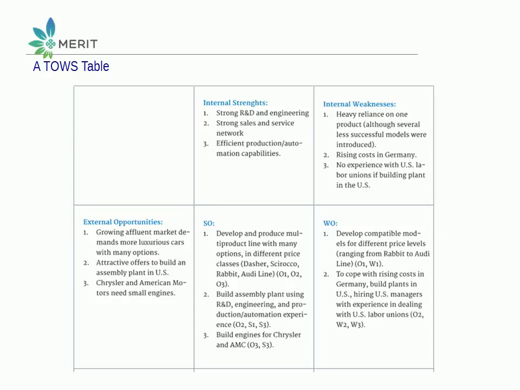And two of the auto companies in the US need smaller engines. And for this hypothetical company that we belong to, we've identified that we have very strong research and development and engineering skills. We have a strong sales and service network, and we have very efficient production and automation capabilities. So we look at the opportunities and our strengths.